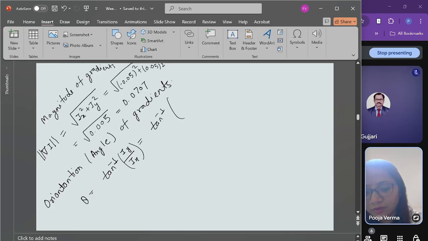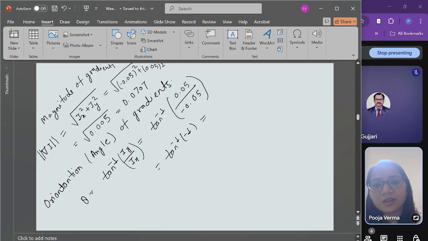Tan inverse of 0.05 divided by minus 0.05. So here you will get tan inverse of minus 1. Typically it is an angle of 135, but 135 can also be written as minus 45 degree, right?